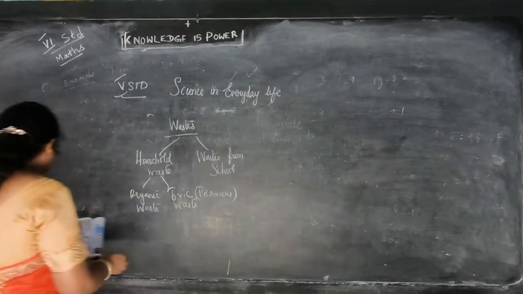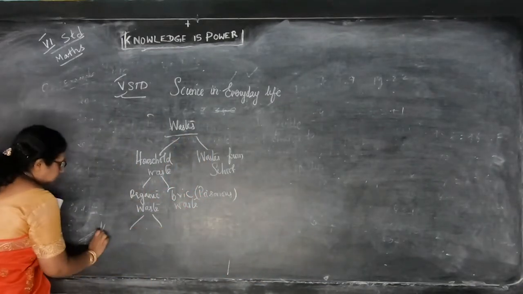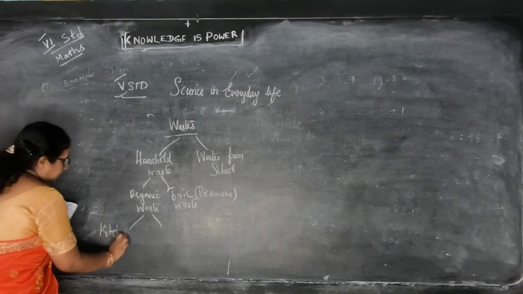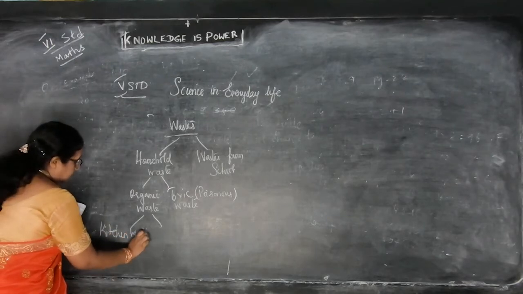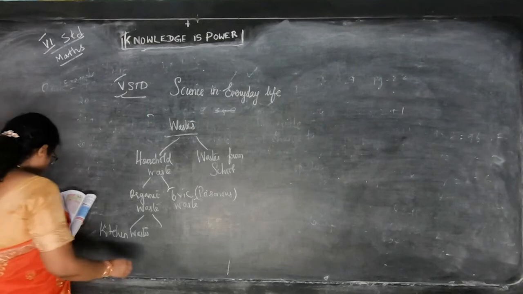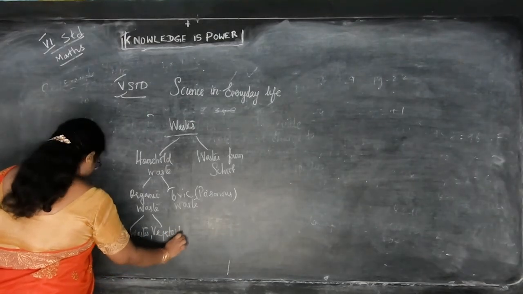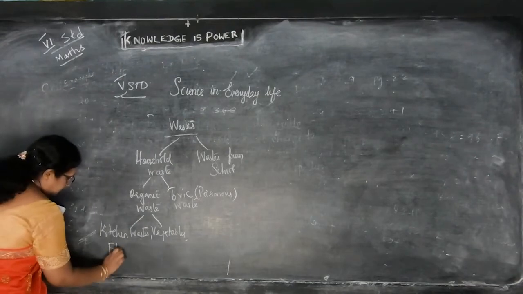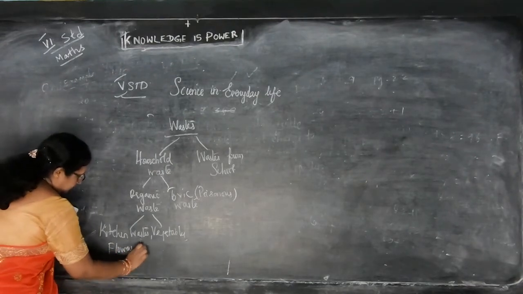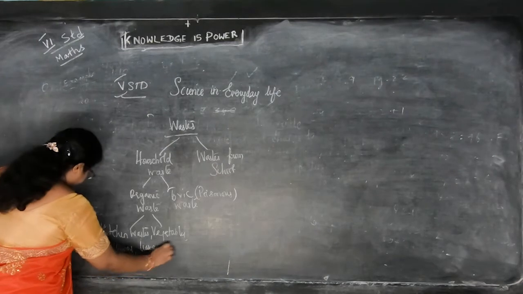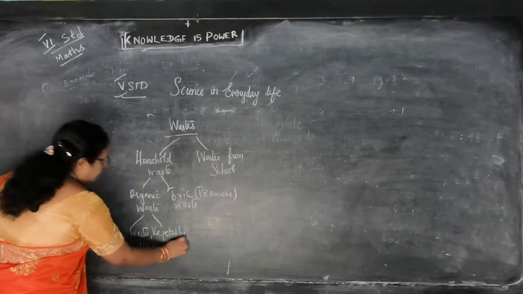If you take organic waste, what are they? Kitchen waste, vegetables, flowers, leaves and fruits. These are the organic waste.